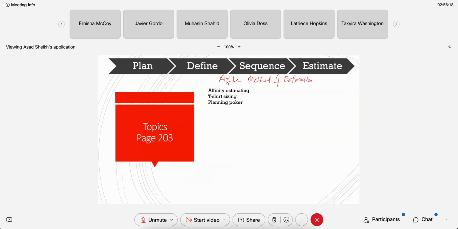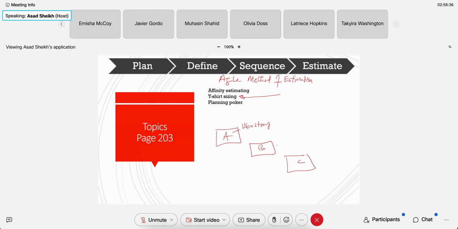The one I like is this t-shirt sizing. So you have a task A and a task B or a task C. Obviously, this is going to be your user story A, user story B, and user story C. You can say, this is a t-shirt size.